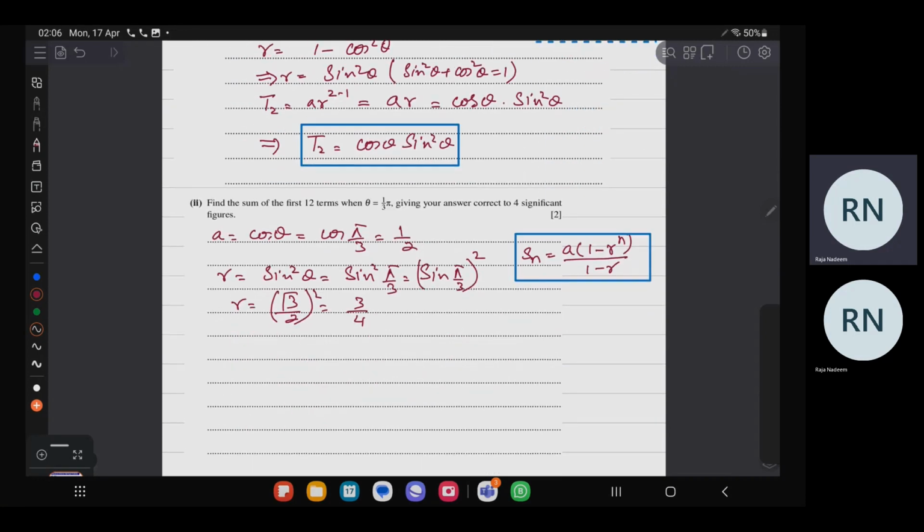Now we have the value of a and the value of r, and we need to find the sum of first 12 terms. So by taking the values, 1 minus r, which is 3 by 4 power 12, and we divide it with 1 minus r, which is equal to 3 by 4.